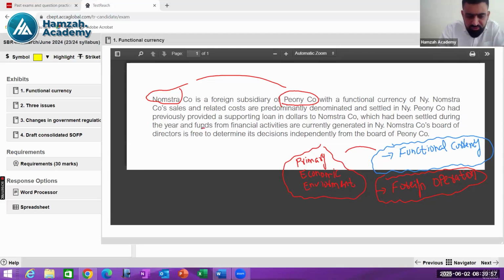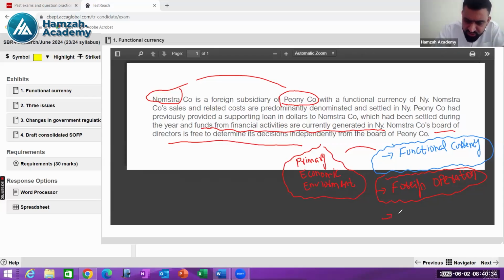The funds from the financing activities are currently generated in NY. So that means the parent's functional currency cannot be the functional currency of the foreign operation. Further, the board of directors is free to determine decisions independently. So we can say conclusively that the functional currency of the parent is not the functional currency of the subsidiary.